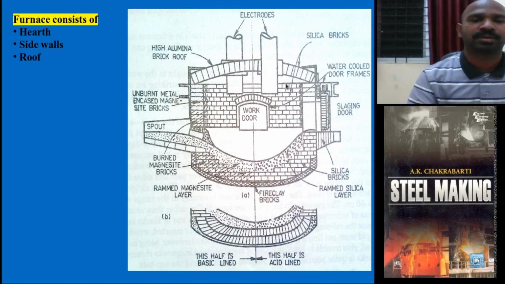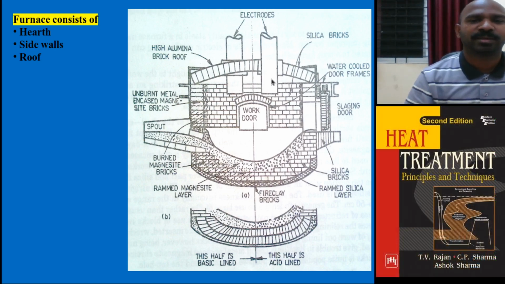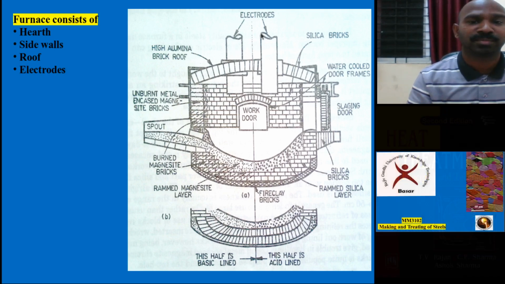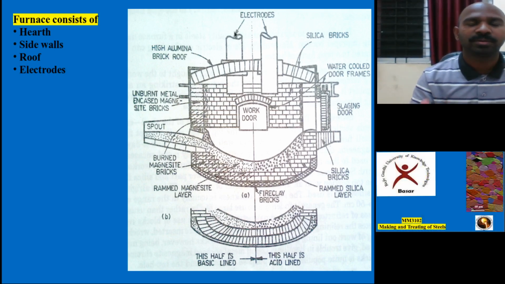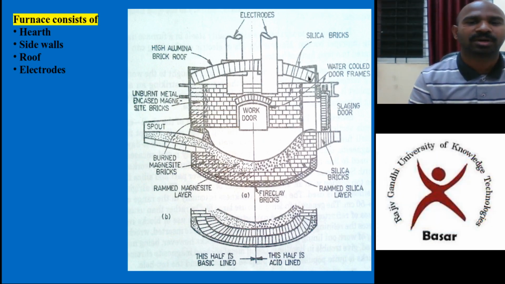Similarly the roof, just like our building has a roof, this will also have a roof. And the next part, electrodes. It could use a combination of electrodes, more than two, or a single electrode method is also possible. These varieties are in practice.